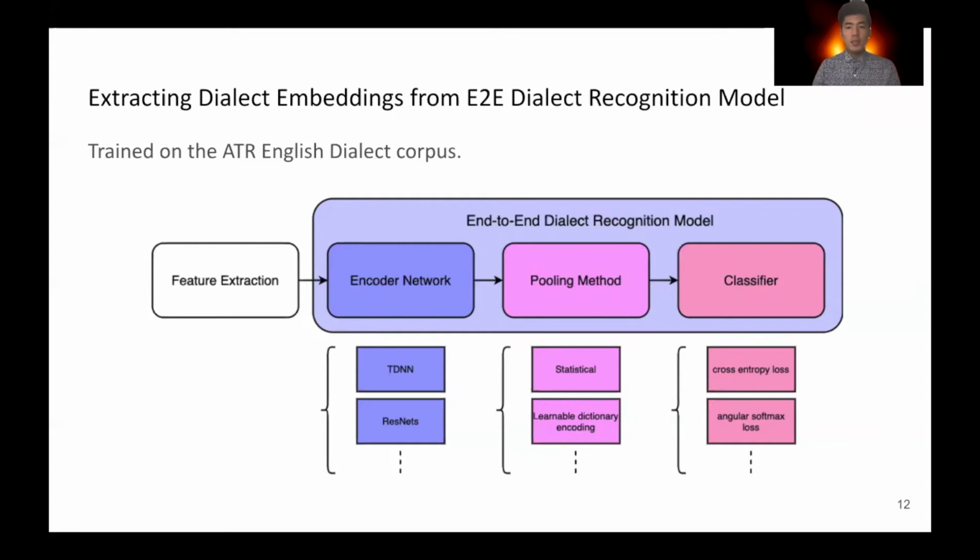And then the recognition model was trained on angular softmax loss. The dialect recognition model was trained separately on the ATR English dialect corpus, which contains read speech and spontaneous speech of different English speakers with different dialects.